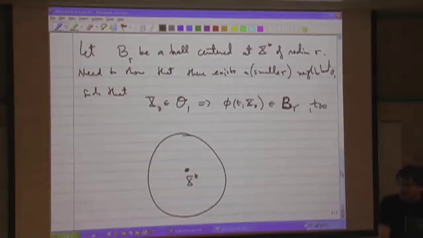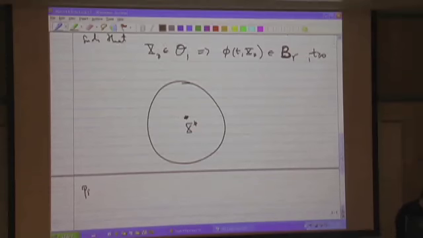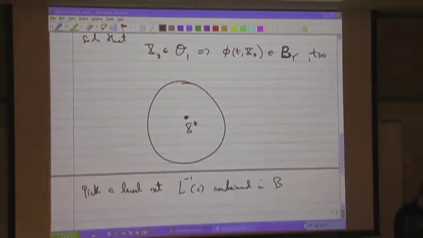So here's one way to do that. Pick a level set contained in this ball.